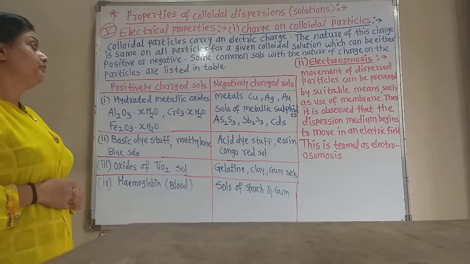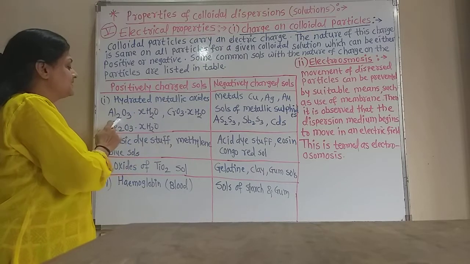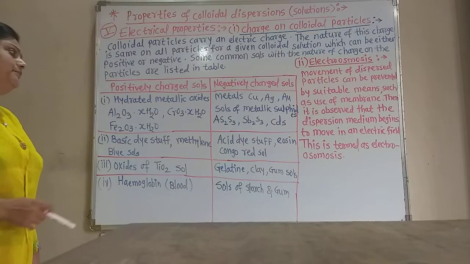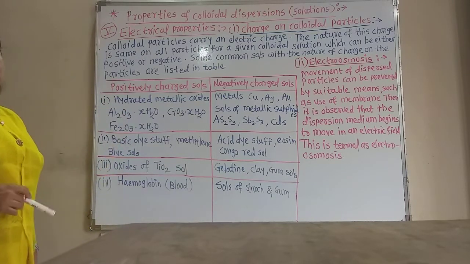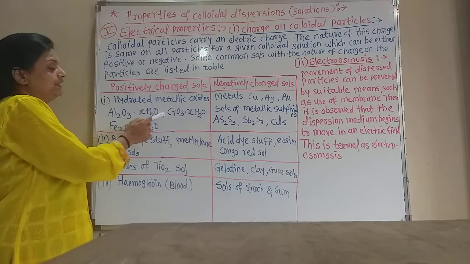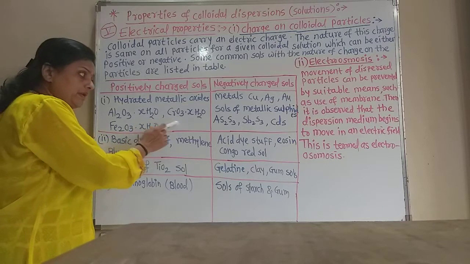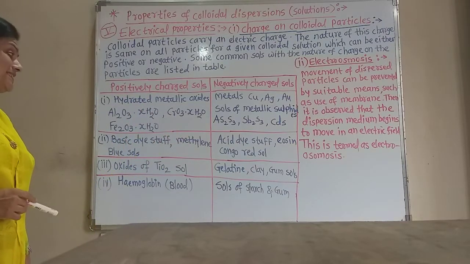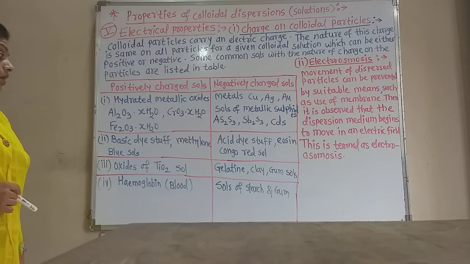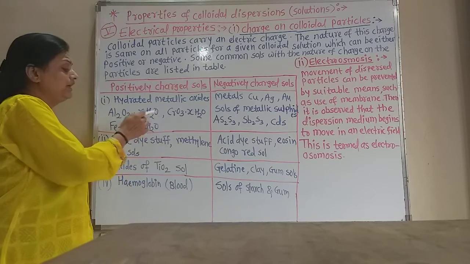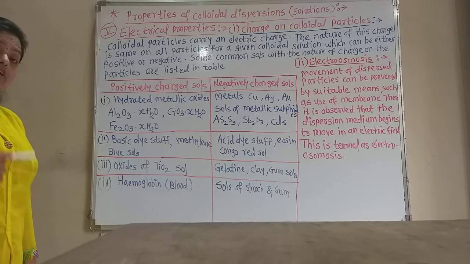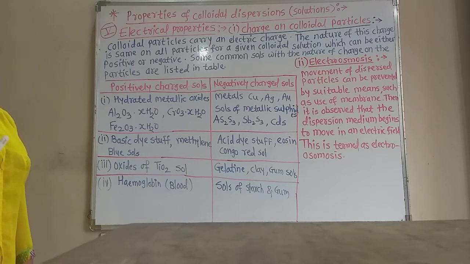The hydrated metallic oxides are such as aluminum oxide, hydrated with x molecules of water, where this number of water molecules can change. So this alumina, Al2O3, hydrated alumina, chromic oxide, hydrated chromic oxide, and hydrated iron oxide. All these three hydrated metal oxides always contain a positive charge on their dispersed phase particles.